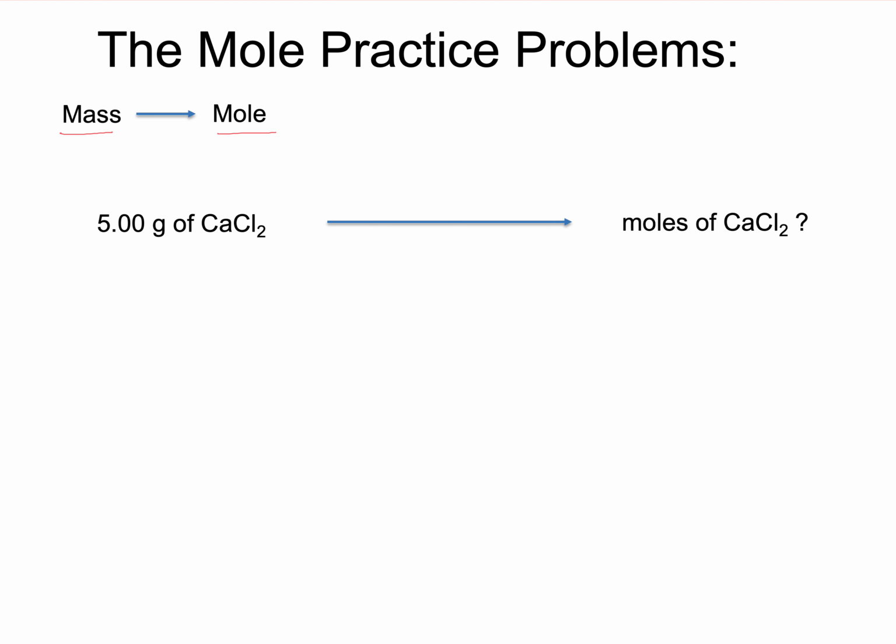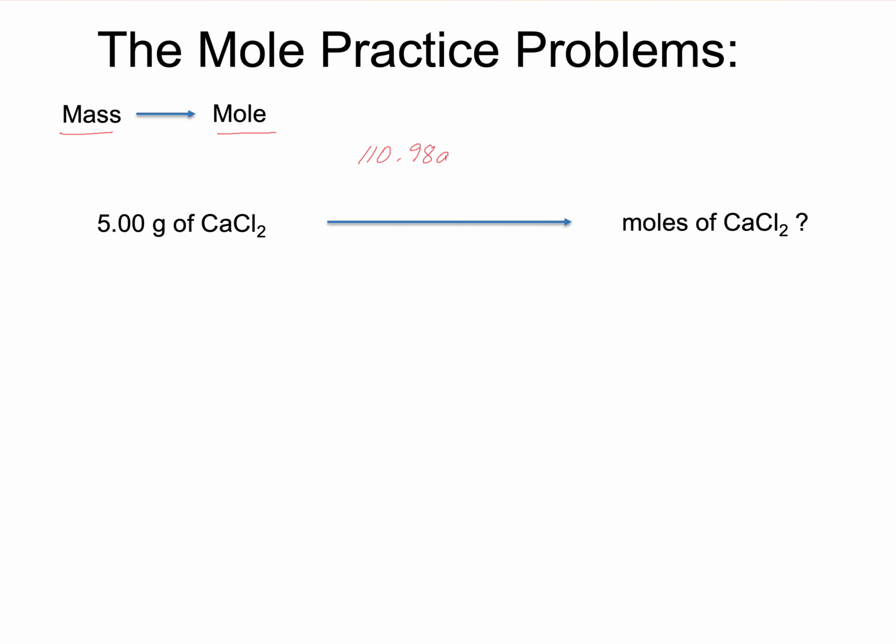So again, we're going to start with mass, and we're going to use the mass of calcium chloride, and let's calculate how many moles of calcium chloride will be there based on the conversion factor that we know about calcium chloride, which is its molar mass, or formula mass, 110.98.